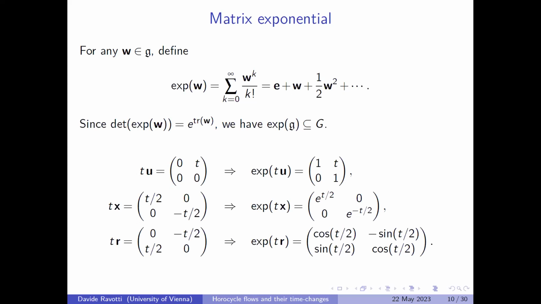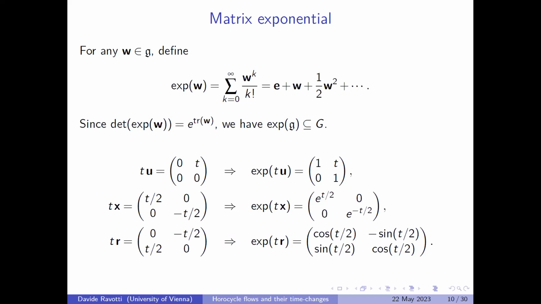What is its exponential? I have to compute this series. But as soon as I square this matrix, I get 0, and I keep getting 0 every time I take a higher power. So this infinite series is actually a sum of just two terms, because from the second term on they are all zeros. It's just the identity plus this matrix. I get the matrix 1, T, 0, 1.